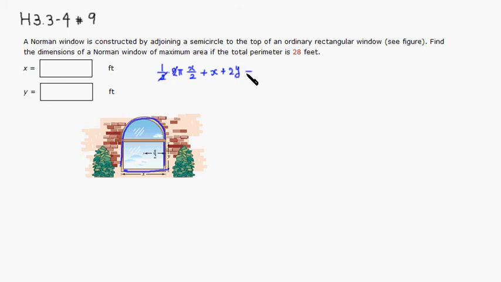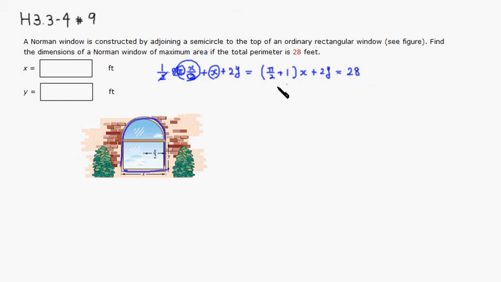This can be simplified. I'm going to put these two together. Since both of them have x in them, I pull out x, then you have pi over 2 plus 1. So you have x times that, plus 2y, and this has to be equal to 28.